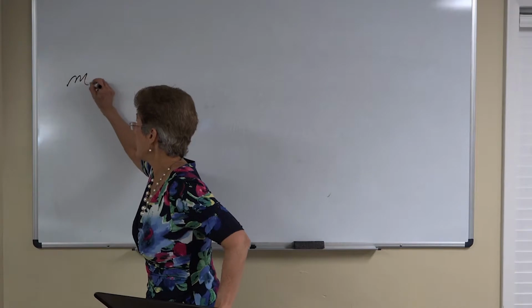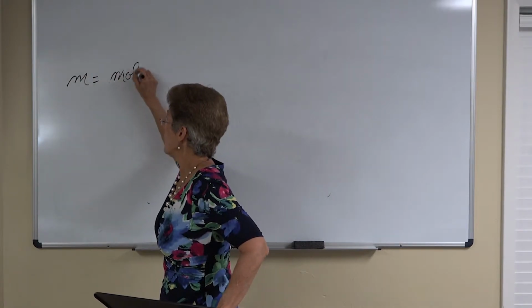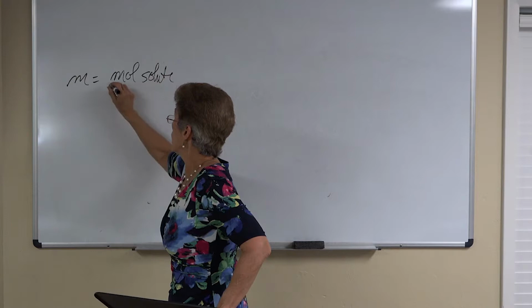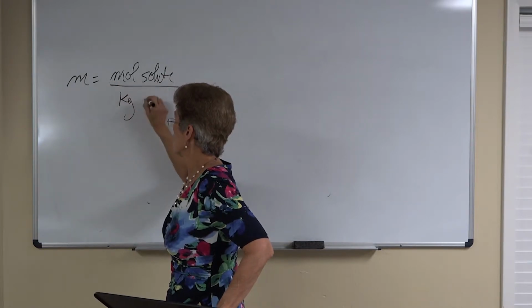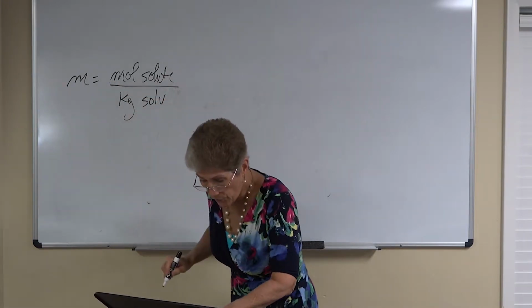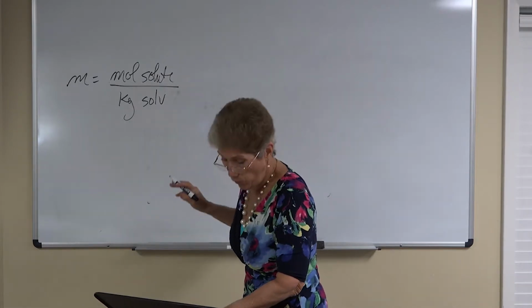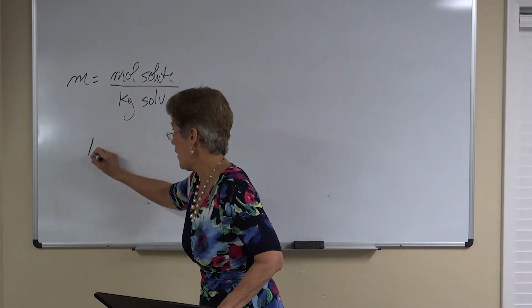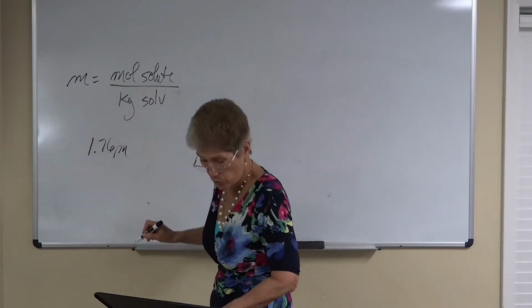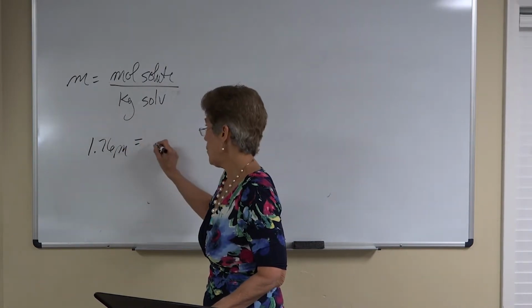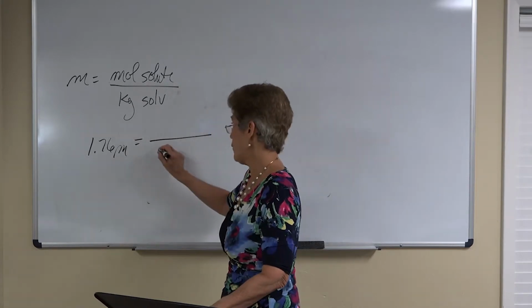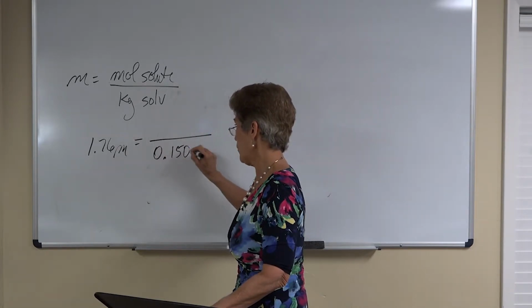Number 7, a chemist makes a 1.76 molal solution by mixing sodium sulfate with 150 grams of water. How many grams of sodium sulfate were used? Once again, molality equals the moles of solute divided by the kilograms of solvent. So we know that we have a 1.76 molal solution, and we know how much water was used, which is 150 grams, so we're going to move our decimal place back by 3.